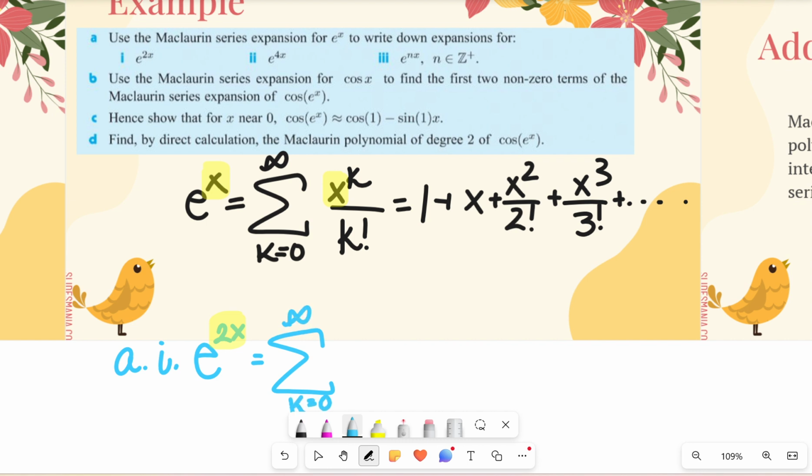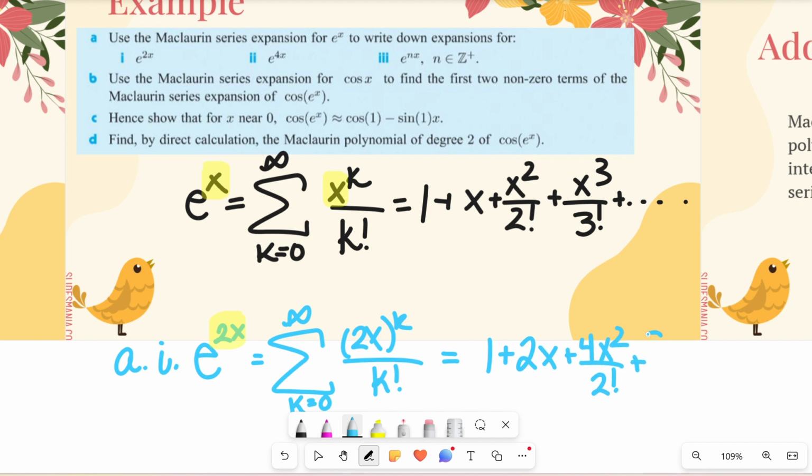Nothing else changes. My k's stay exactly the same. So this is going to be 2x to the k power over k factorial. And just to write this out a little bit, this is going to be 1 plus 2x plus 4x squared over 2 factorial plus 8x cubed over 3 factorial. And again, this is going to continue.